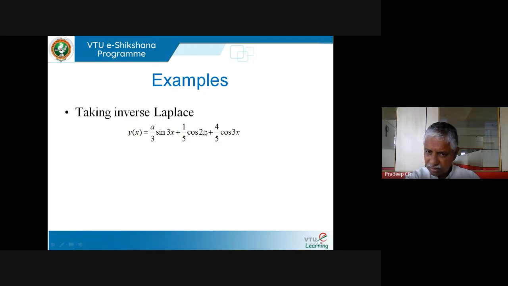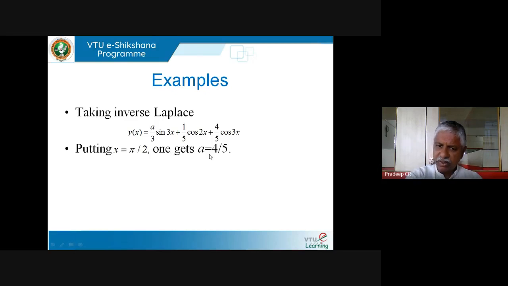Correct? Cos of 3 pi by 2 is 0, so this term will go away. So you write down and you will get a is equal to 4 by 5. This whole thing is equal to minus 1, putting x equal to pi by 2. You solve for a, you will get 4 by 5.